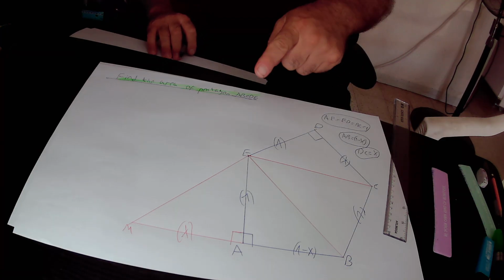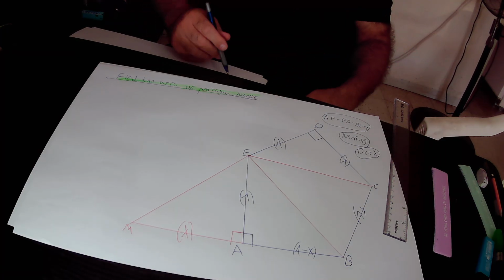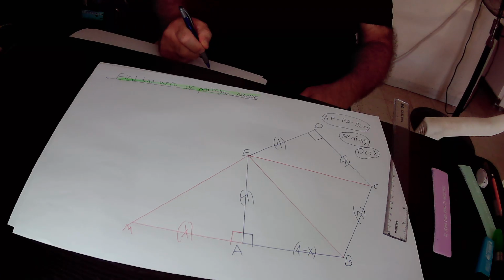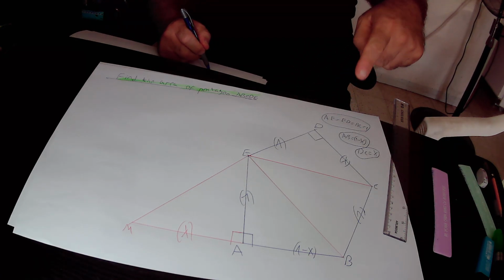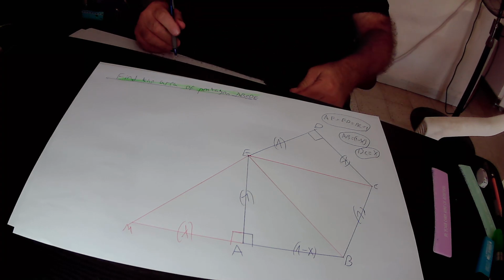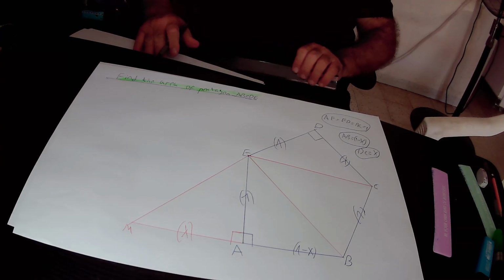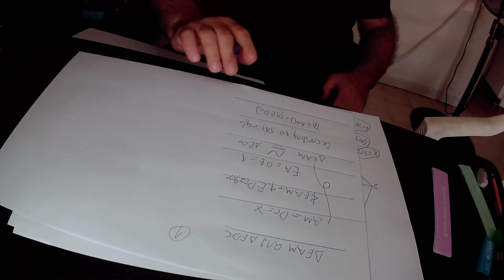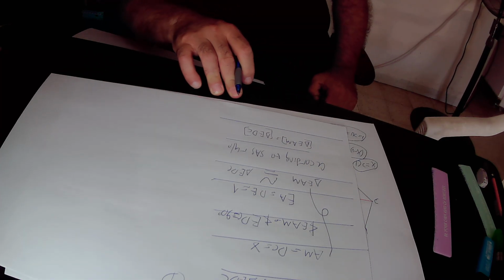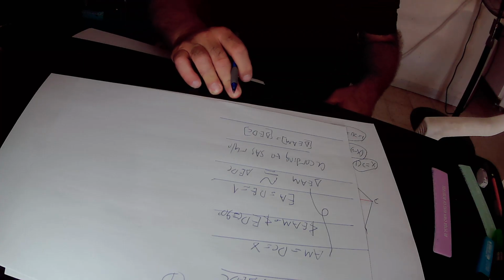That is to say, the area of the right triangle EAM is equal to the area of the right triangle EDC because they can go into each other.